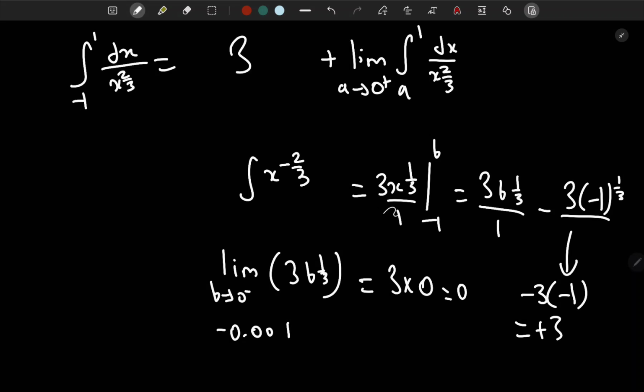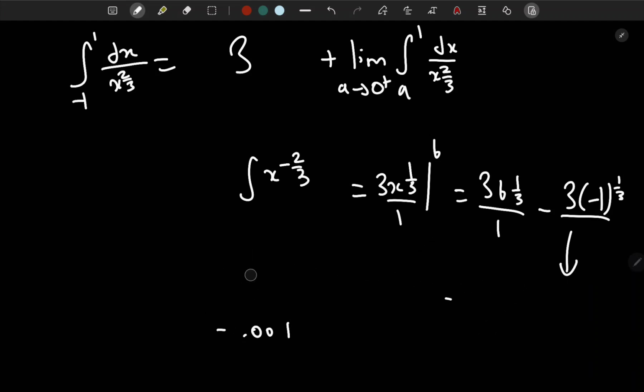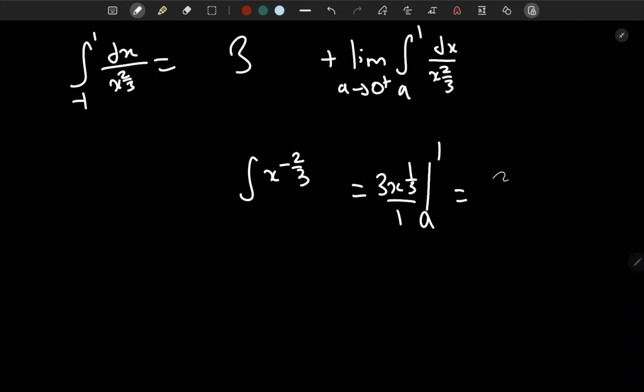And we found the integration before, so all we need to do here is just replace the limits this time. It's the same integration, by the way, from a to 1. So now do the same thing again. It's going to be 3 times 1 to the power of 1 over 3 minus 3 times a to the 1 over 3, and we know that this part is going to be 3.